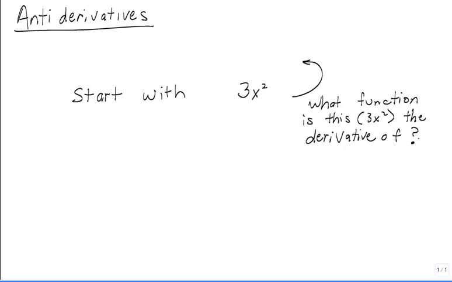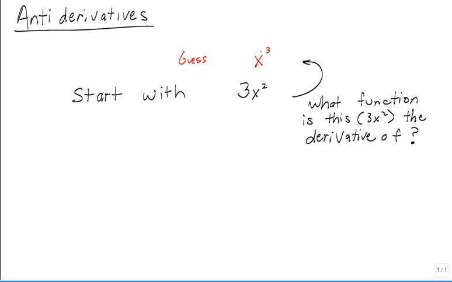We bring the number down in front, bring the exponent down, and we subtract 1. So that degree 2 has to be 1 less than where it came from. So let's guess x cubed.